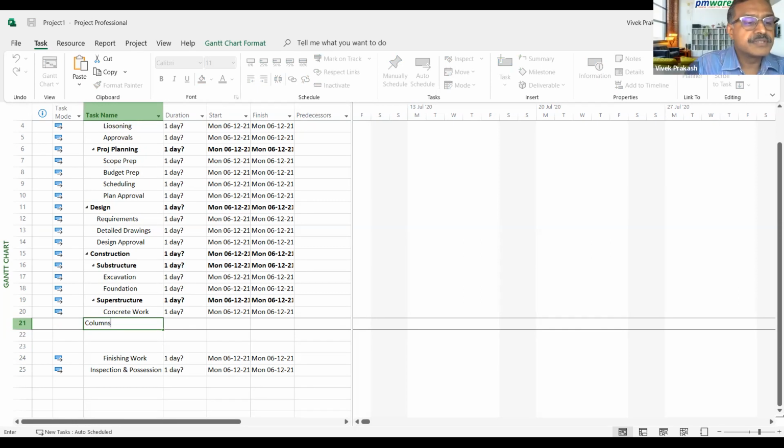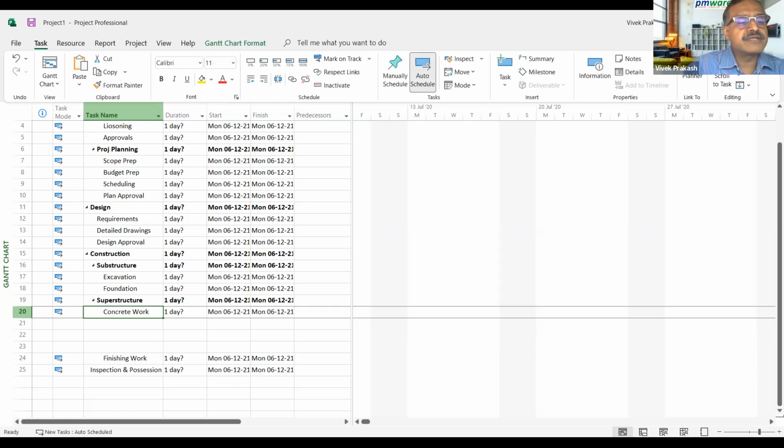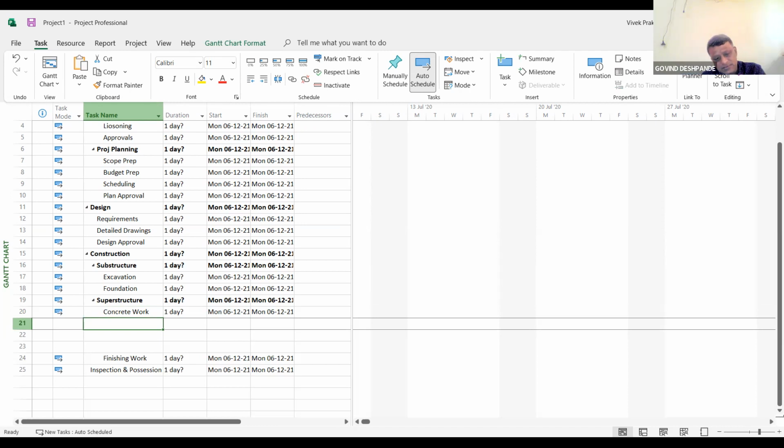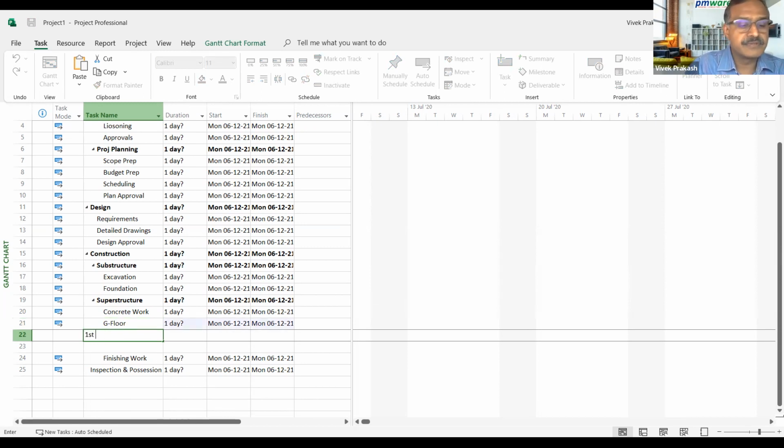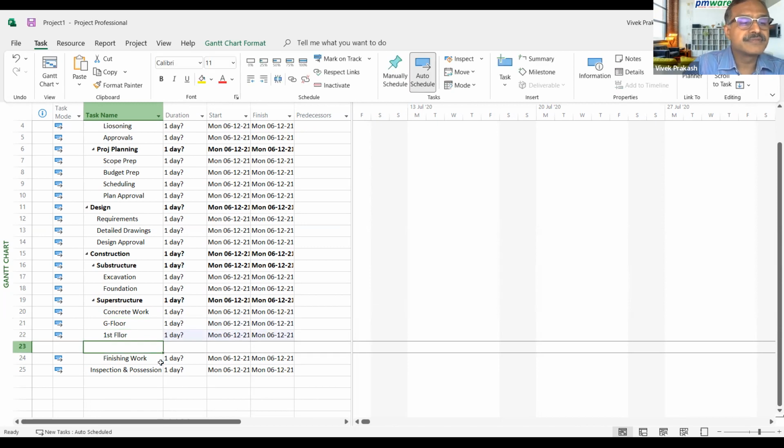Let's put it this way: ground floor and first floor. G floor, and then the first floor.